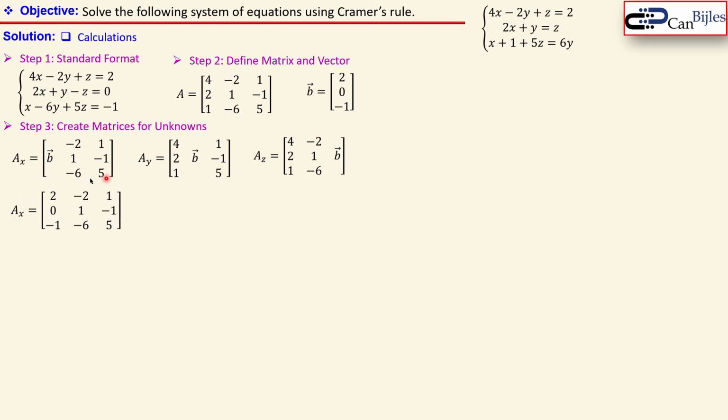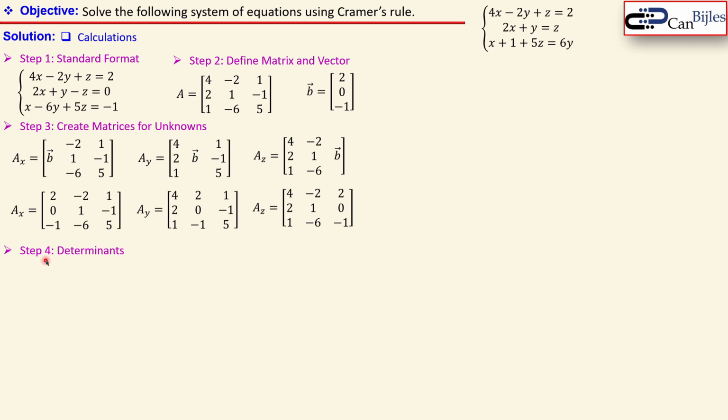Okay, now this will be the result. You see here the replaced version, which now uses the vector b, here for A sub y and A sub z. So we have now created 3 new matrices. In addition to matrix A, we now have in total 4 matrices and 1 vector.